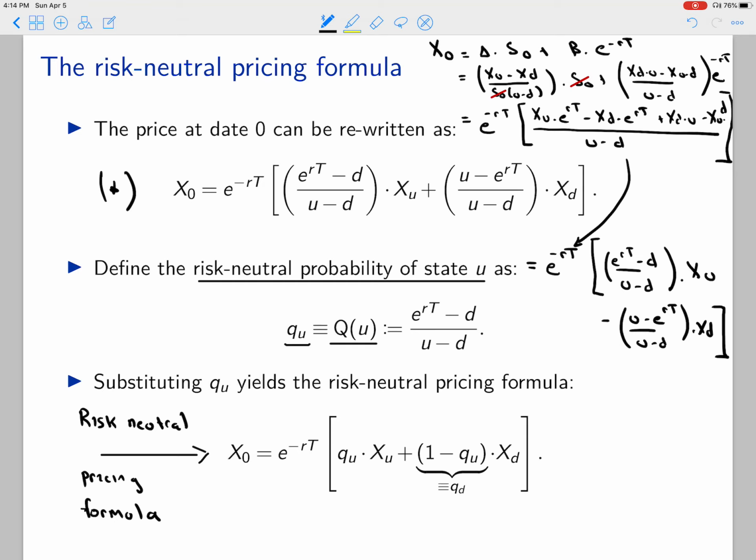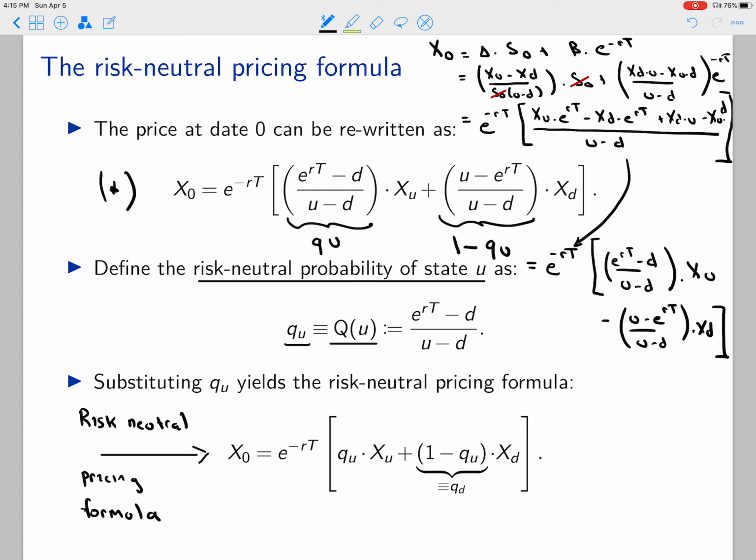What we can notice in the pricing equation is that the first term is nothing more than this synthetically created probability of the upstate, Q sub U. And the second term in the equation, next to X sub D, is actually no different than 1 minus Q sub U. You can find that out on your own. So if we plug in Q sub U and 1 minus Q sub U, this is going to greatly simplify the formula into something called the risk-neutral pricing formula.